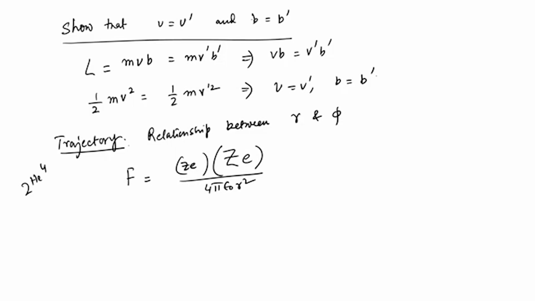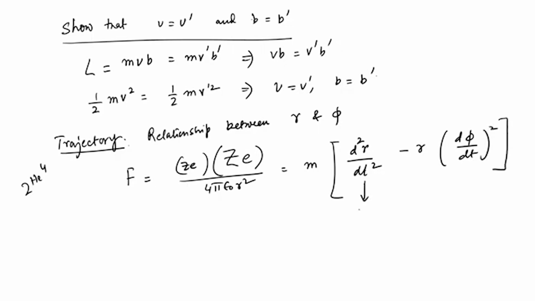So, how do we write force in some generalized form? In the r phi coordinate, it is equal to m times d2r dt2 minus r times d phi dt whole square.